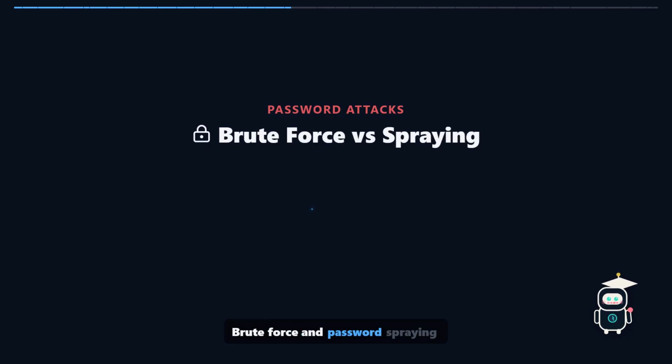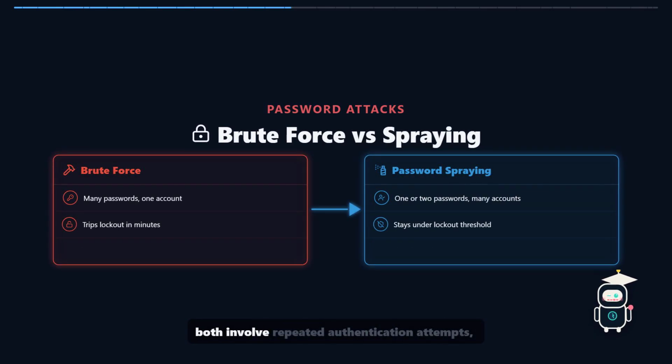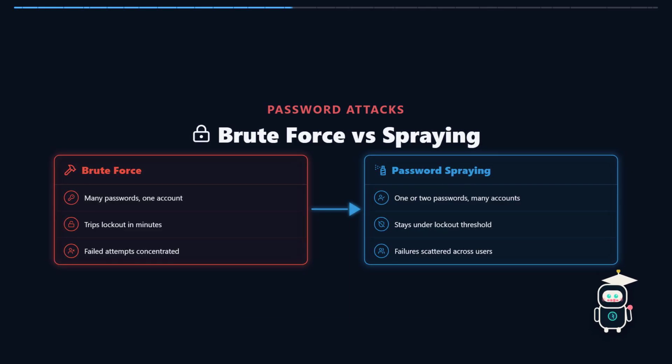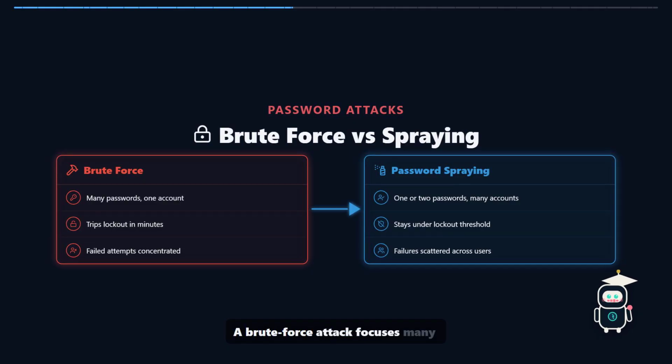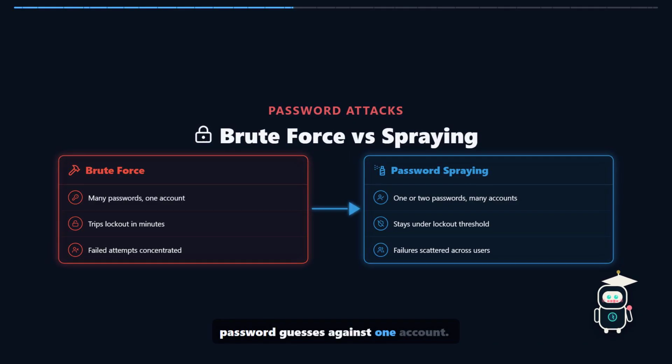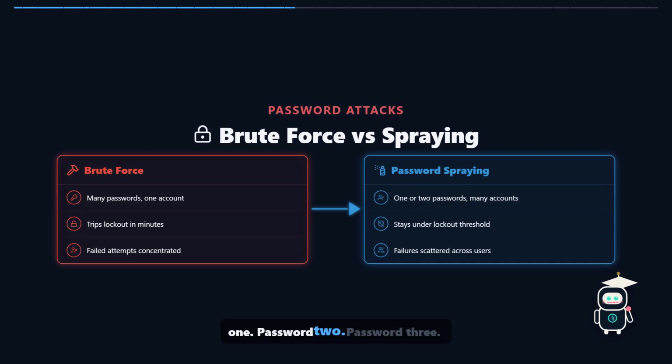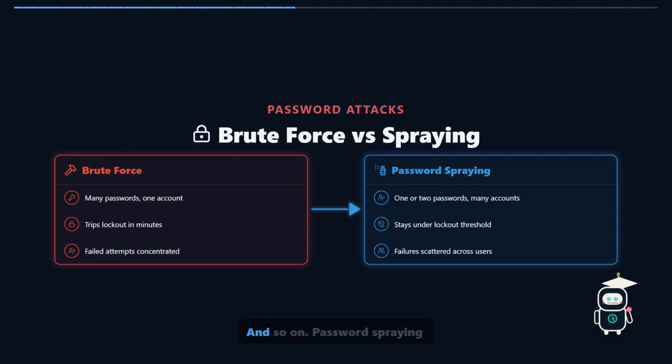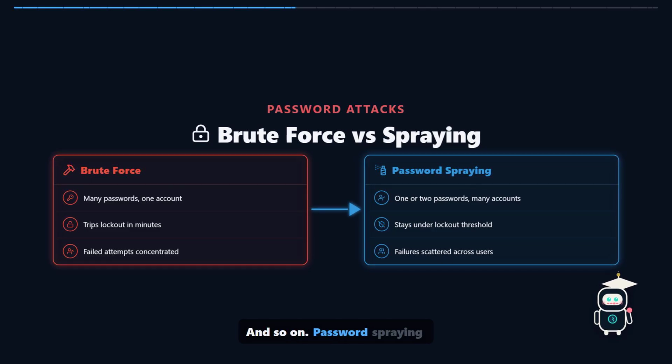Brute force and password spraying both involve repeated authentication attempts, but their patterns are different. A brute force attack focuses many password guesses against one account. Imagine one username, then password 1, password 2, password 3, and so on. Password spraying flips that pattern.